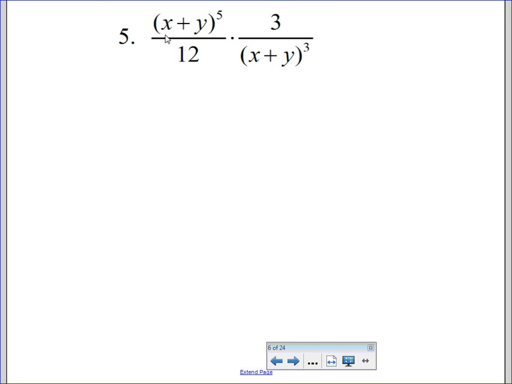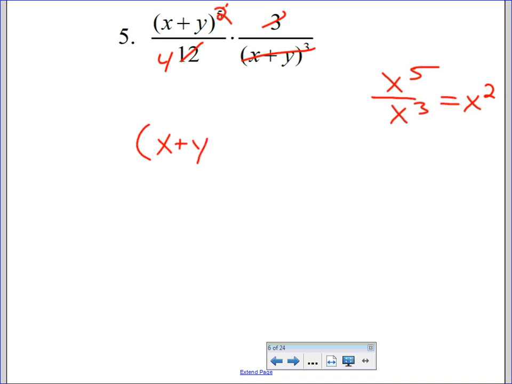We just want to cancel. If it was x to the 5th over x to the 3rd, clearly that would be x squared. So we'll see the same thing here where this will cancel and this will become x squared. Also, we can cancel the 3's here, and so we'll end up with x plus y squared over 4.